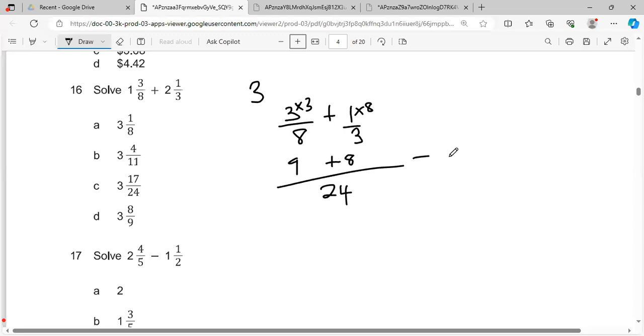But you put back the 3 first. Yeah, I understand. So you're saying it's C you got, right? Yes, sir. So the answer is 3 and 17 over 24.